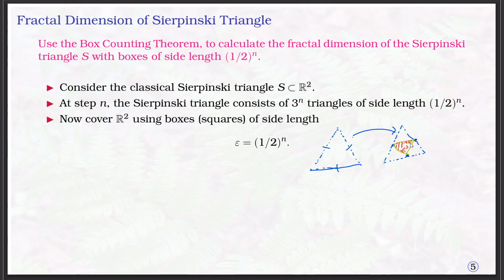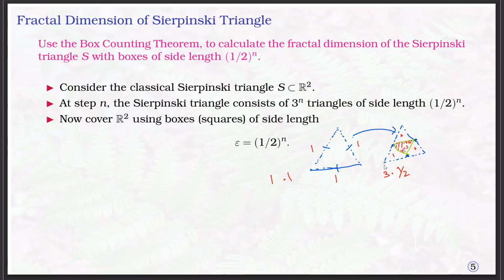This is the first step. In the next step, the side length is 1, here we have one triangle of length 1, and here we have 3 triangles of side length 1 by 2.